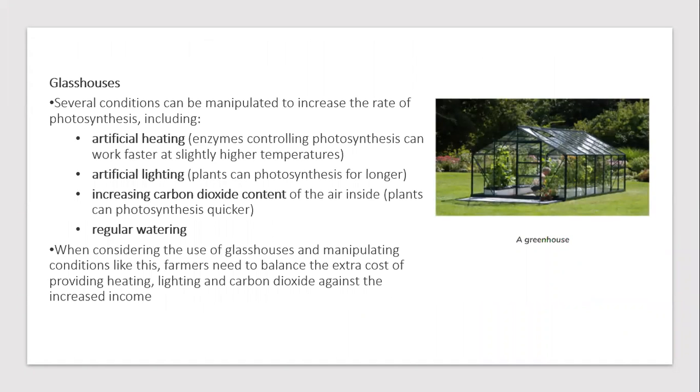Several conditions can be manipulated to increase the rate of photosynthesis. For example, artificial heating and artificial lighting, even during the night time. Increasing the carbon dioxide content and also regular watering. We can monitor these things using labels.